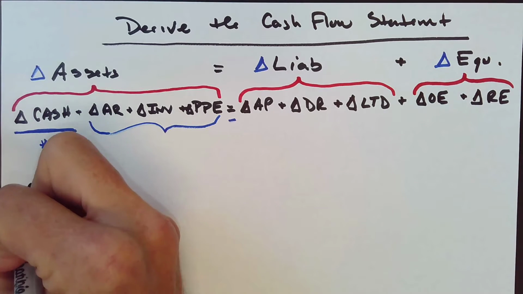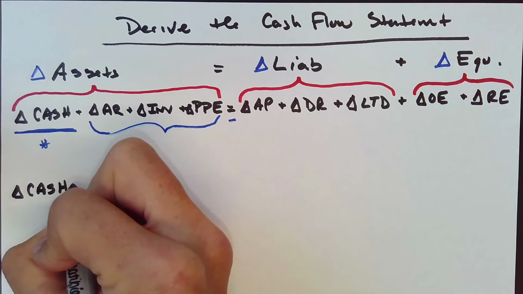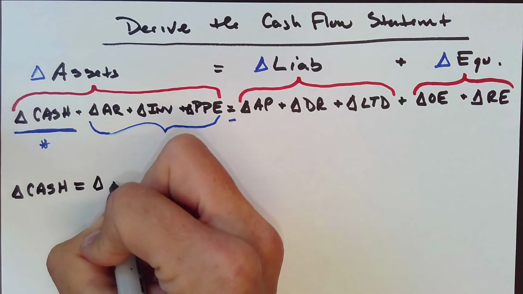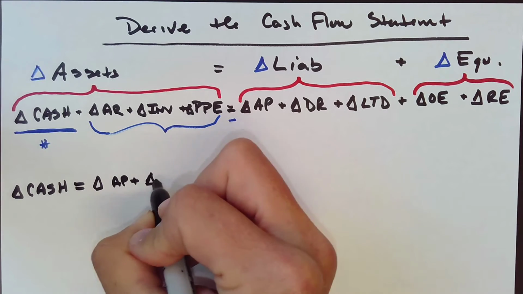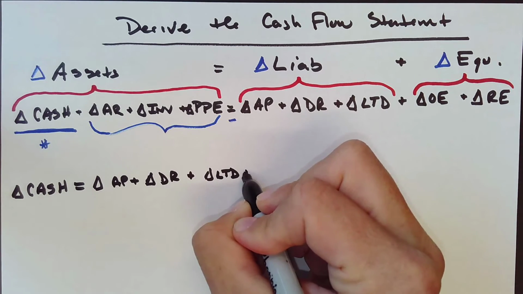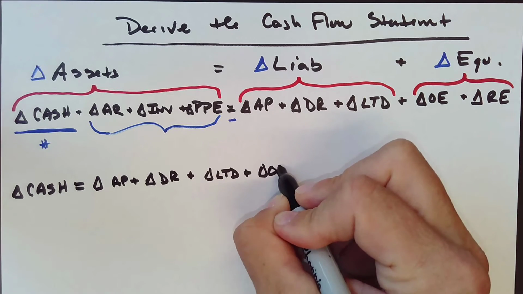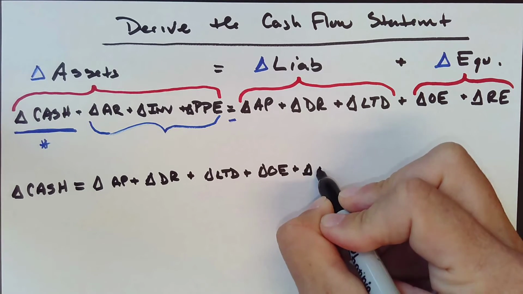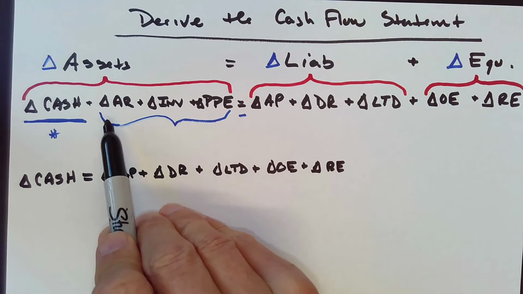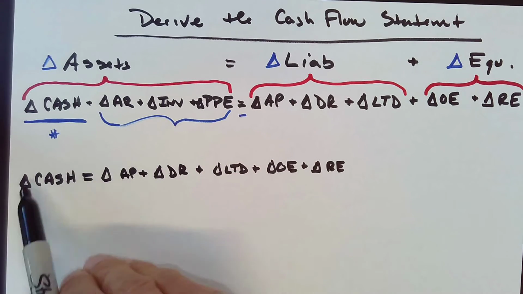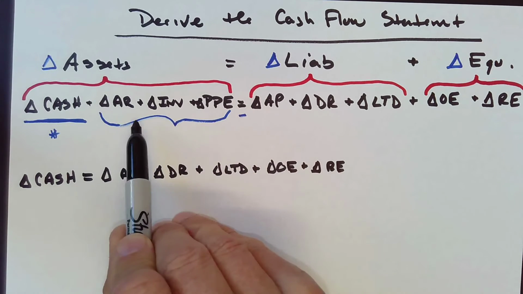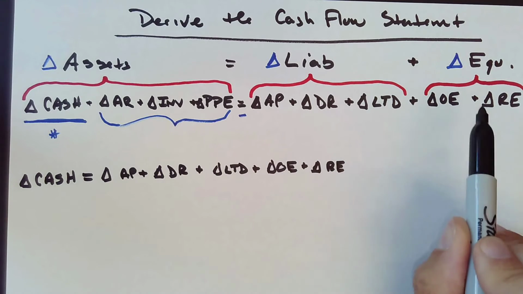Change in cash is now equal to, I'm going to put my liabilities here, so change in AP plus change in deferred revenue plus change in long-term debt plus change in owner's equity plus change in retained earnings. Okay? Because I've subtracted out this from this side of the equation, so the only thing that's left on this side of the equation is cash. And I've also subtracted the same amount, these same components, on this side of the equation.